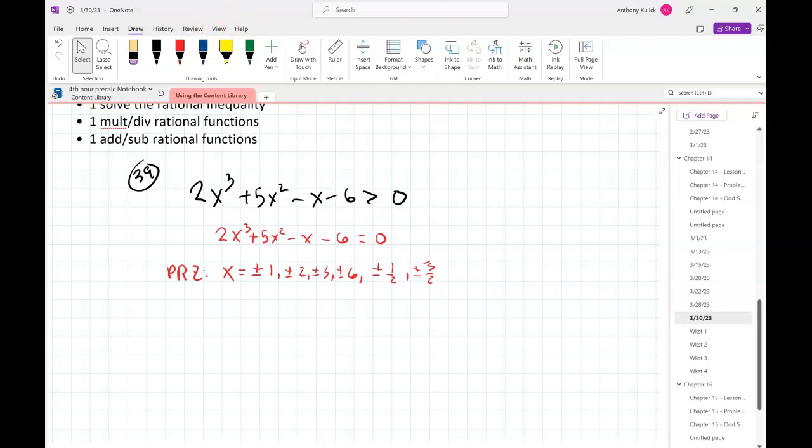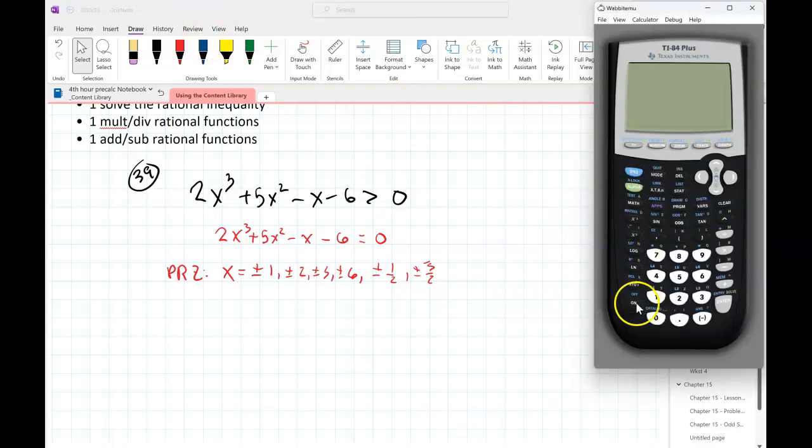So let's go ahead and take a quick look at this function and see which one of these look like good starting points. Okay, so it looks like maybe -2 and +1.